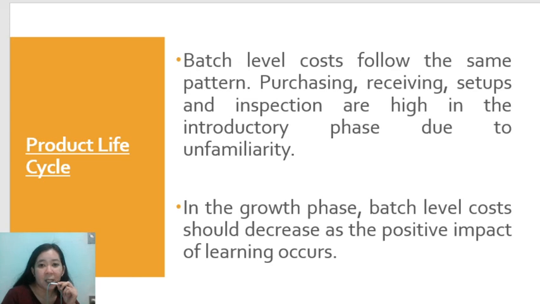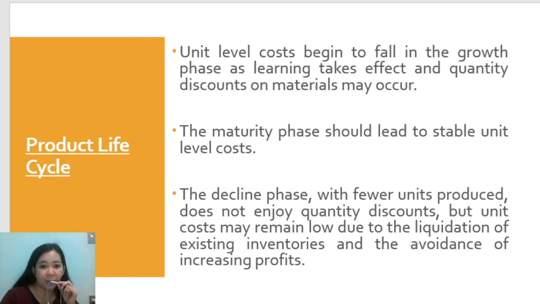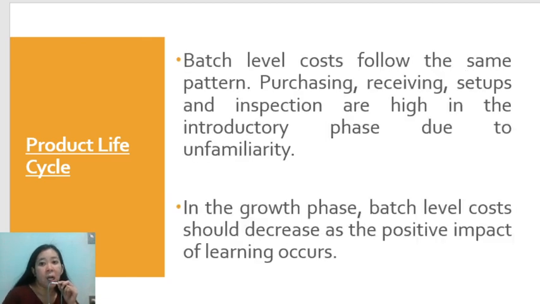batch level costs follow the same pattern as in the previous, okay, for the unit level. Purchasing, receiving, setup, and inspection are high. However, in this case, in the introductory phase, due to unfamiliarity because we are just new in the market. In the growth phase, batch level costs should decrease because of the positive effect of the learning process that occurred.